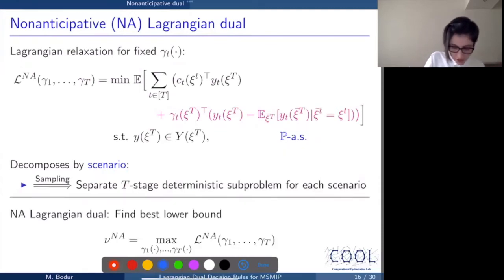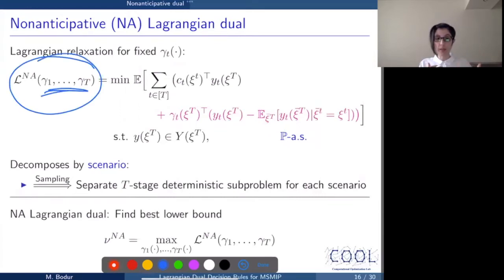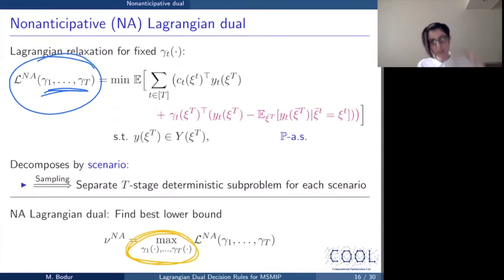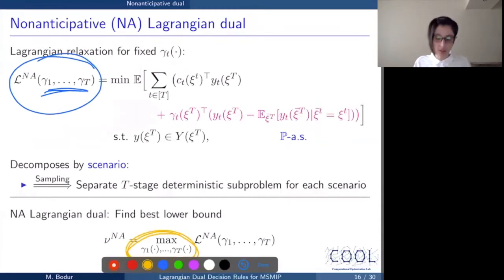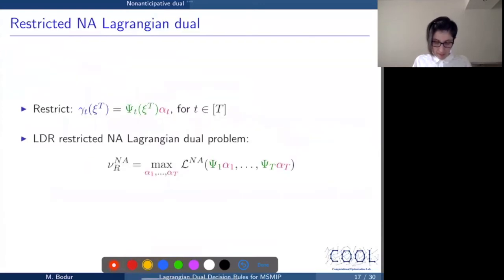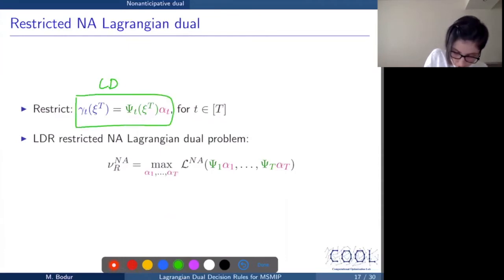If we solve this relaxation for any given choice of multipliers, we get a lower bound, and the Lagrangian dual problem is seeking the best lower bound, maximizing over your choice of policies. Again, these gammas, Lagrangian multipliers in the second case, are also difficult to handle.